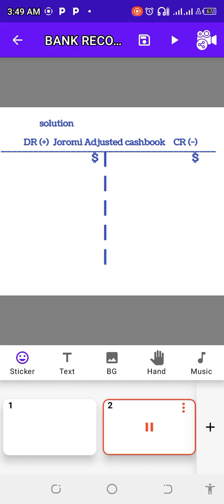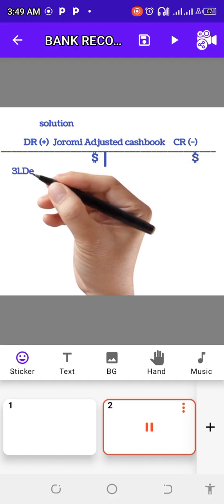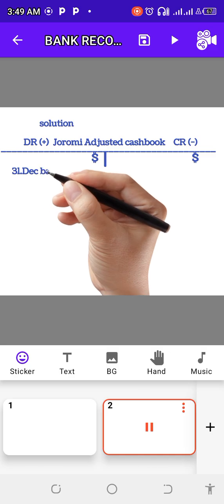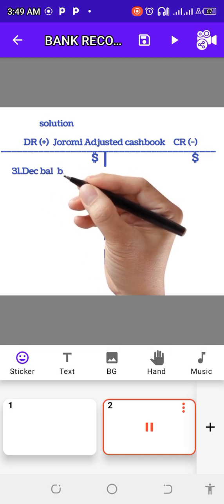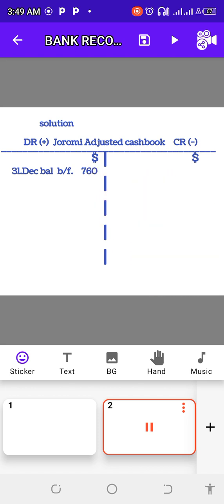After writing the balance brought forward, we take a look at other adjustments. On 31st December, the cash book balance brought forward is $760. Then the first adjustment, item 1: a check was paid, which means there is an overcast of payment.